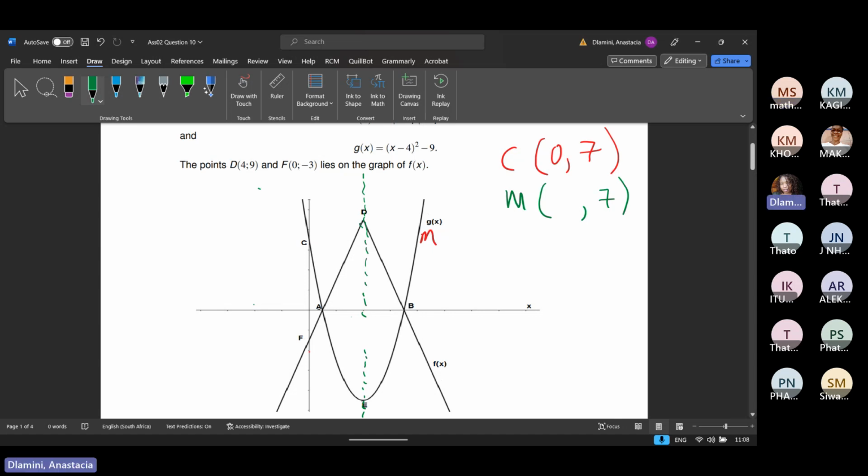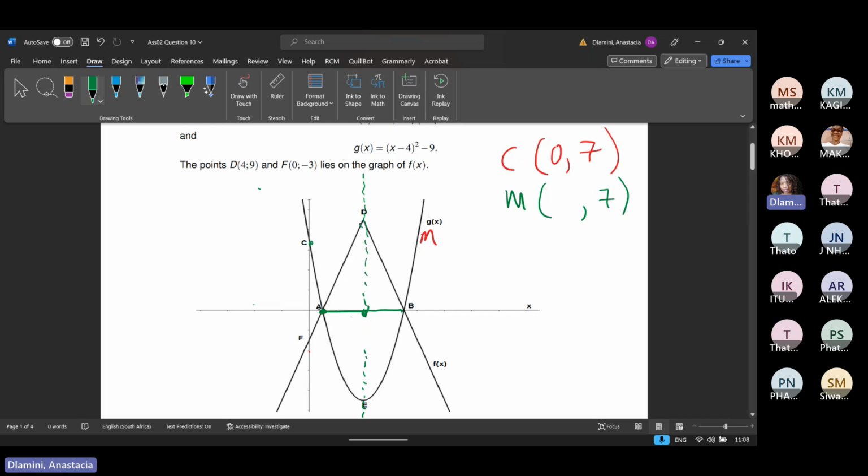Okay. Remember what we said. The axis of symmetry cuts the parabola into two equal halves, such that if I move from A, remember the parabola cuts here, right? If I move from A till this point over there, it's exactly the same as from this point here to that point there.